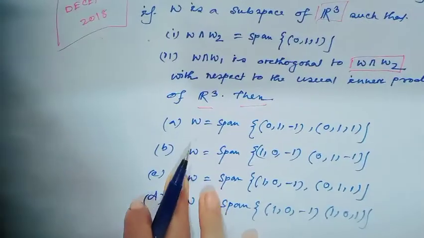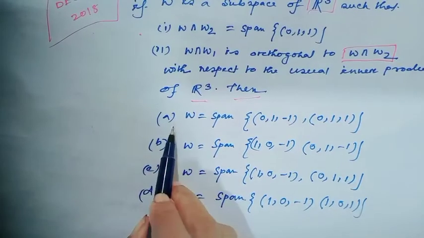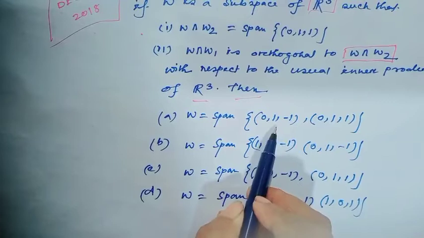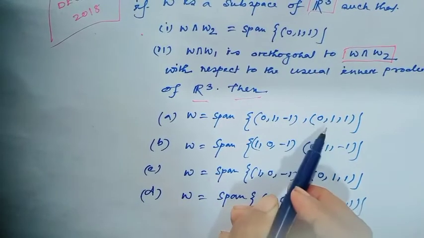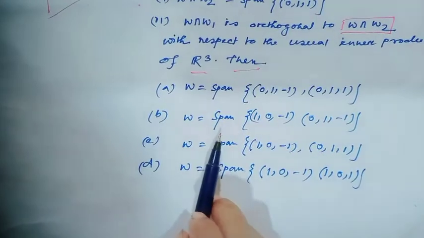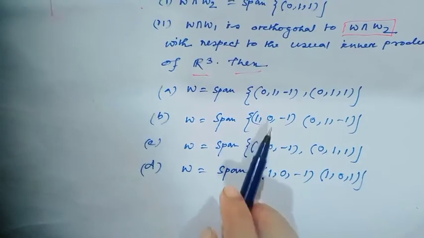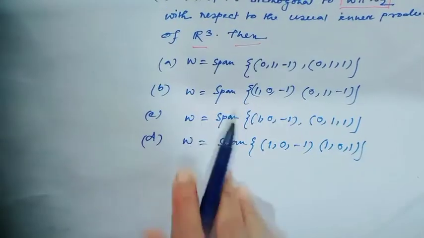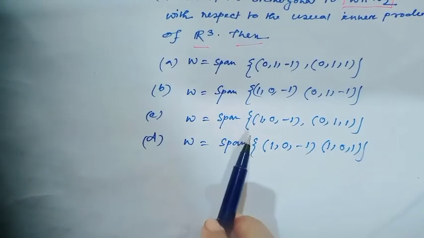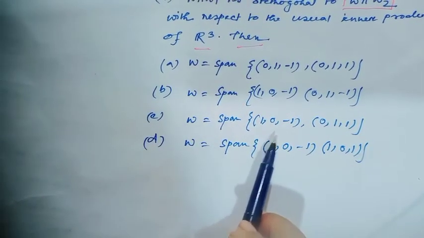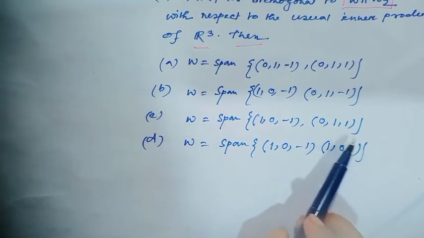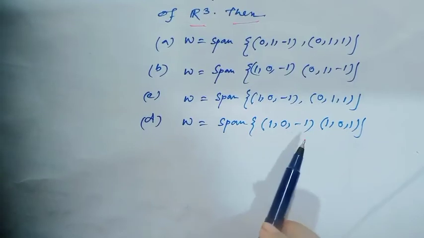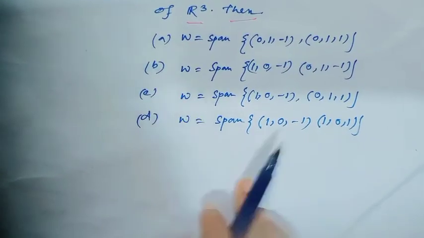Then option A says W equals the span of the set {0, 1, minus 1}, {0, 1, 1}. Option 2, W equals the span of {1, 0, minus 1}, {0, 1, minus 1}. Option 3, W equals the span of {1, 0, minus 1}, {0, 1, 1}. And option 4, W equals the span of {1, 0, minus 1}, {1, 0, 1}.